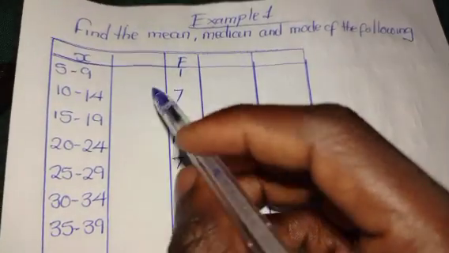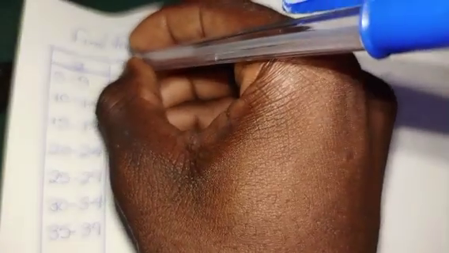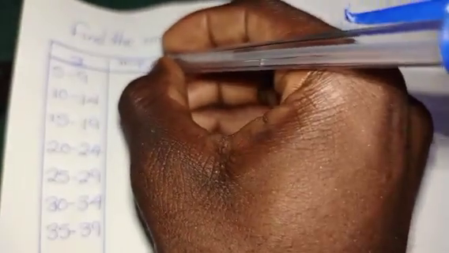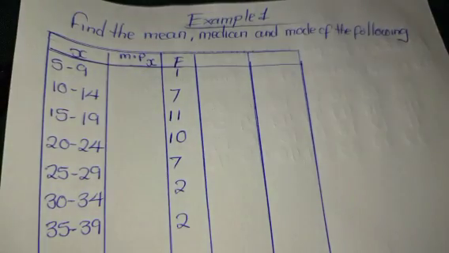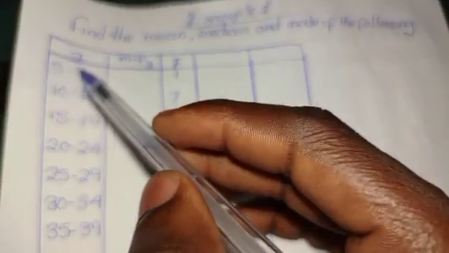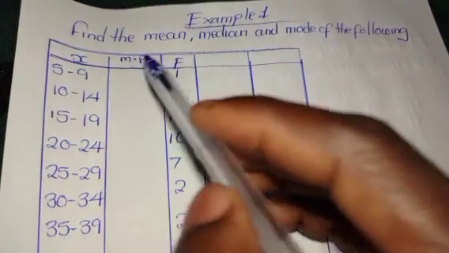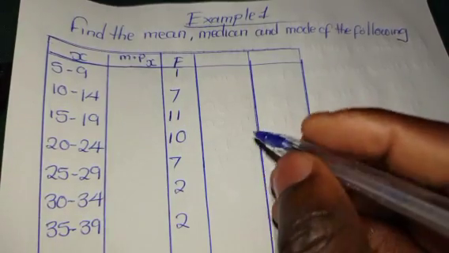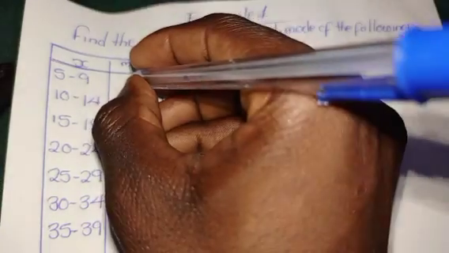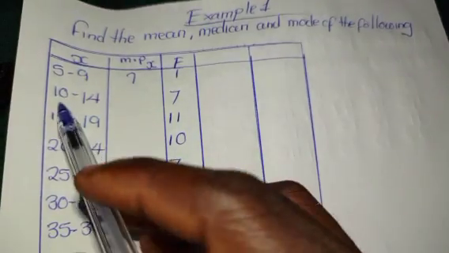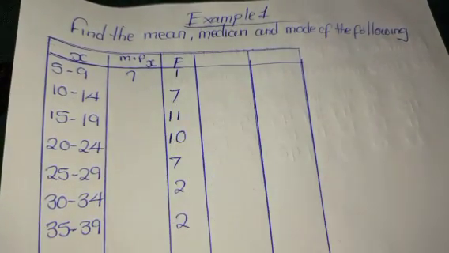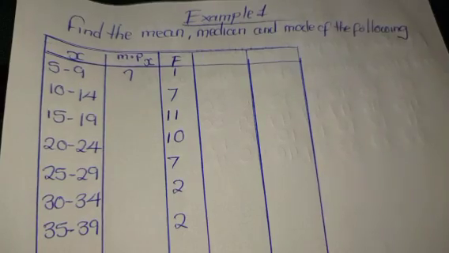For this column, we refer to it as the midpoint of x. For you to get the values in here, you need to add these. So 5 plus 9 is equal to 14, divided by 2, you will get your answer to be 7. 10 plus 14, that is 24.